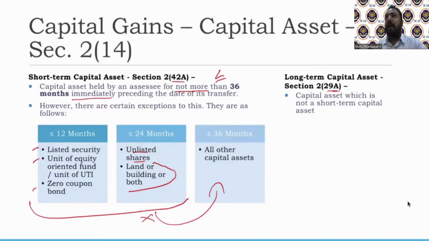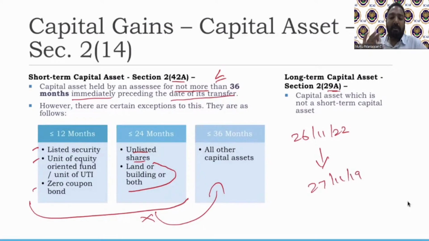Now, we immediately say that it is preceding the date of its transfer, right? So similarly, if the sale date is today, what date is today? 26th November. So if sale date is today, that is 26th November 22, you will have to take 36 months prior, right? So you'll have to go back in time for 3 years and probably call it 27 November 2019, if I'm right.